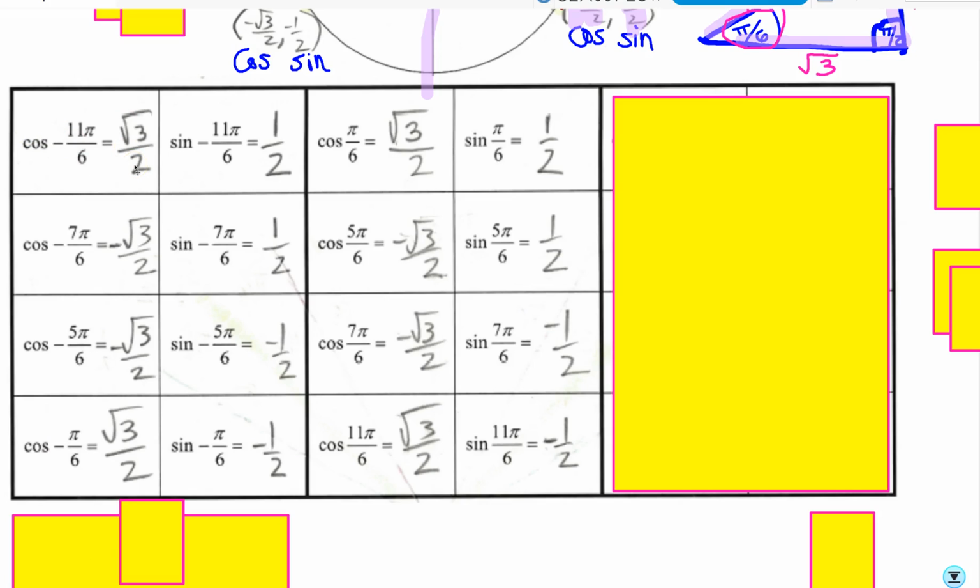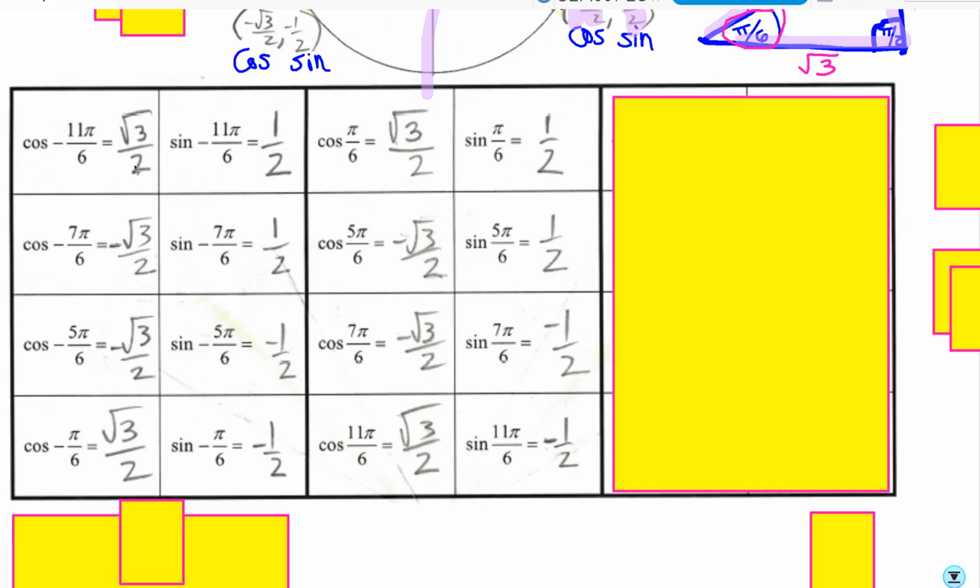Where I used to have pi over 6, I'm now going to have negative pi over 6 because I have rotated clockwise almost back to the initial position. And so I've got a reference angle of pi over 6.